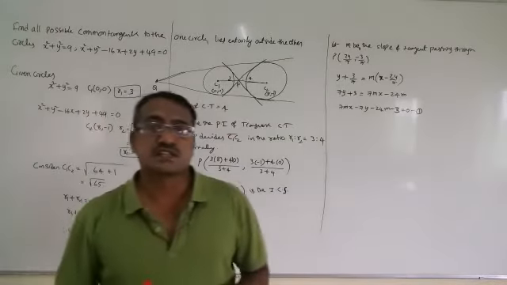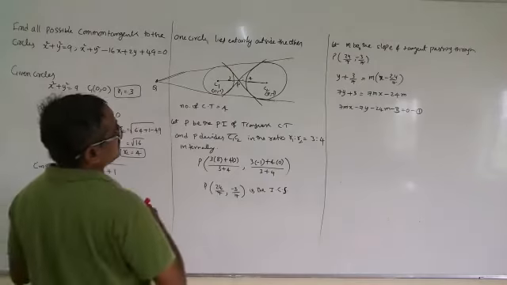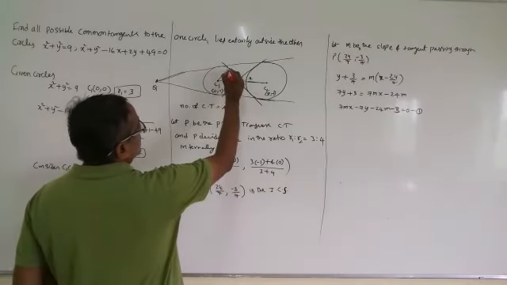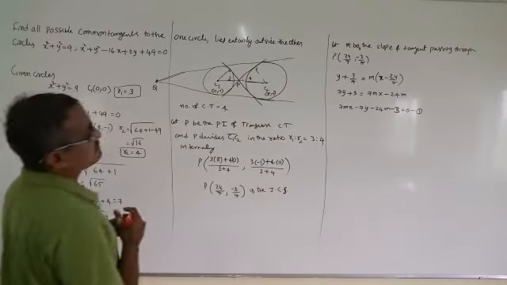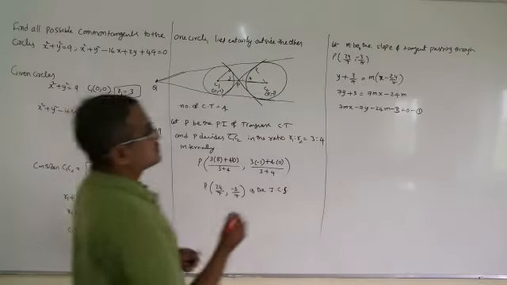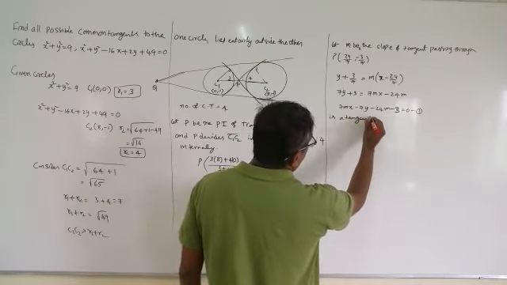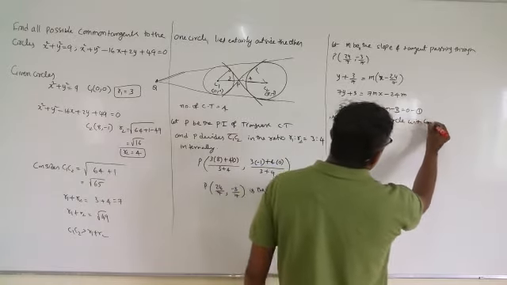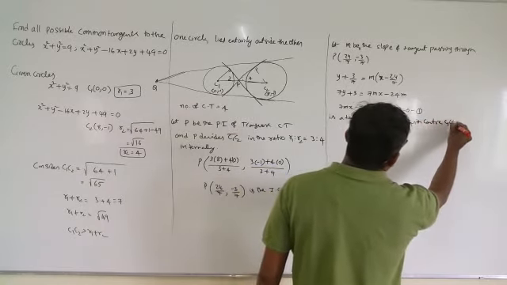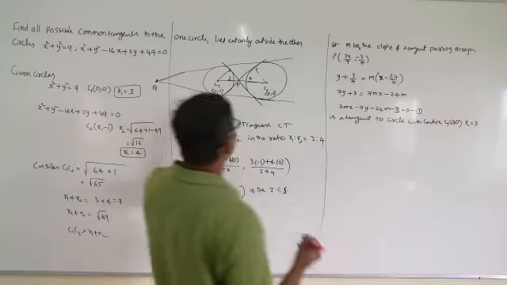Now clearly you can see this line is a tangent to both the circles. It is a tangent to the circle with the center C1 and a tangent to the circle with the center C2. So it is a tangent to the circle with center C1 (0, 0) and radius R1 is equal to 3.